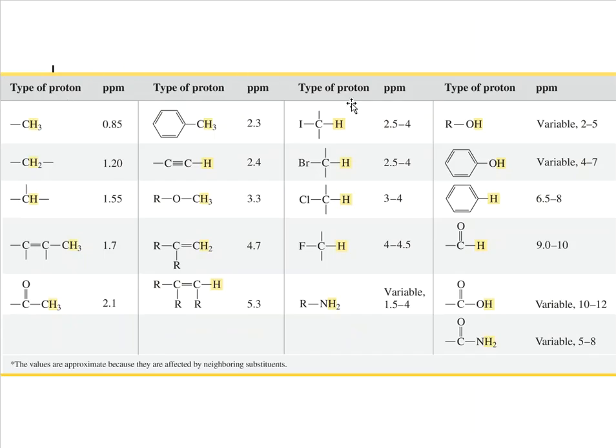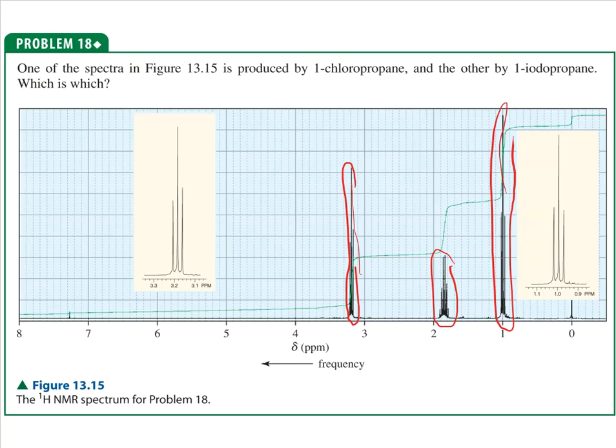If I look at this chart, it's kind of telling me the same thing, right? I have an iodo group that's 2.5 to 4, and then I have a chlorine that's more of a 3 to 4. So this chlorine will have a higher signal than the iodo group. The chlorine will be higher in ppm than the iodo group. That's what the chart tells me.